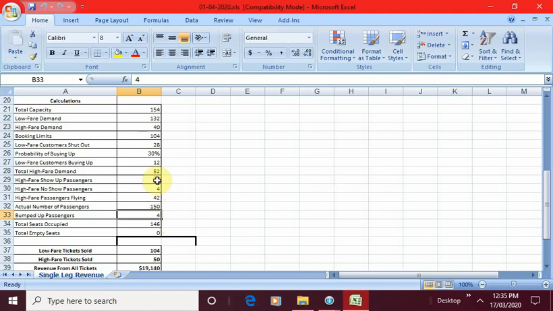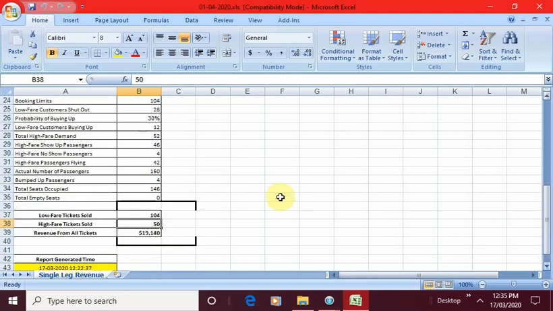So 46 were the high fare passengers who showed up, but the 4 could not be accommodated because 104 tickets had already been sold, and 50 tickets were sold from that, and after the no show, they could not be accommodated because the capacity was 146.